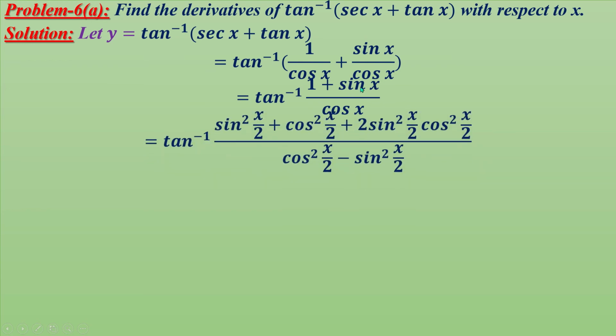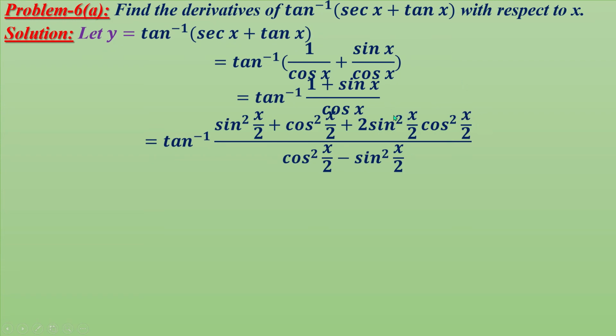But 1 plus sin x is equal to 1, meaning sin square x plus cos square x, and sin only x. As here there is only x, we can write 2 into x by 2. So sin 2x by 2, that means sin 2a, which is equal to 2 sin a cos a, not e square. Here it will be 2 sin a cos a.